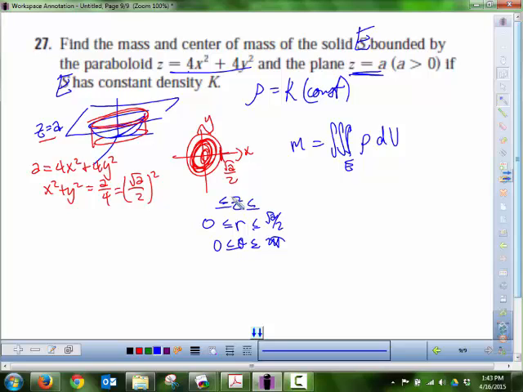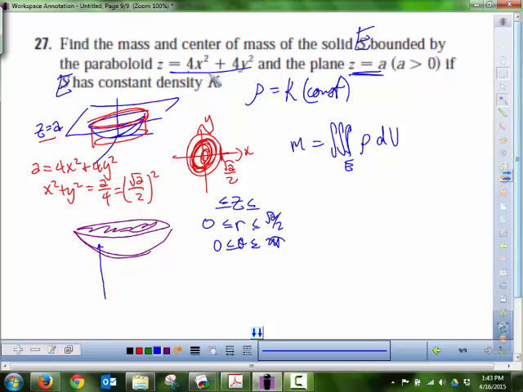Now, if it's 0 to a, remember, if you have constant limits all the way around, then you have a cylinder. We don't have a cylinder here. The drawing got kind of messed up there because we did some other stuff, but I want the solid that's bounded by the paraboloid and the top. So if I were to draw a line parallel to the z-axis, I would enter through this region from where?